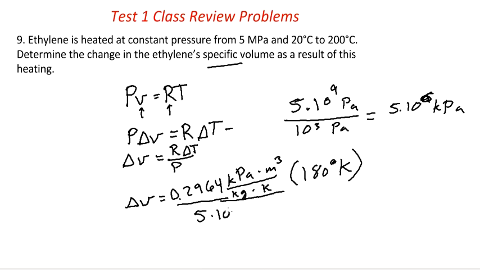Kilopascals cancel out. Kelvin cancels out. So we're left with, let me do some calculations really quick. Okay, so this comes out to be 10.6704 times 10 to the negative 6.